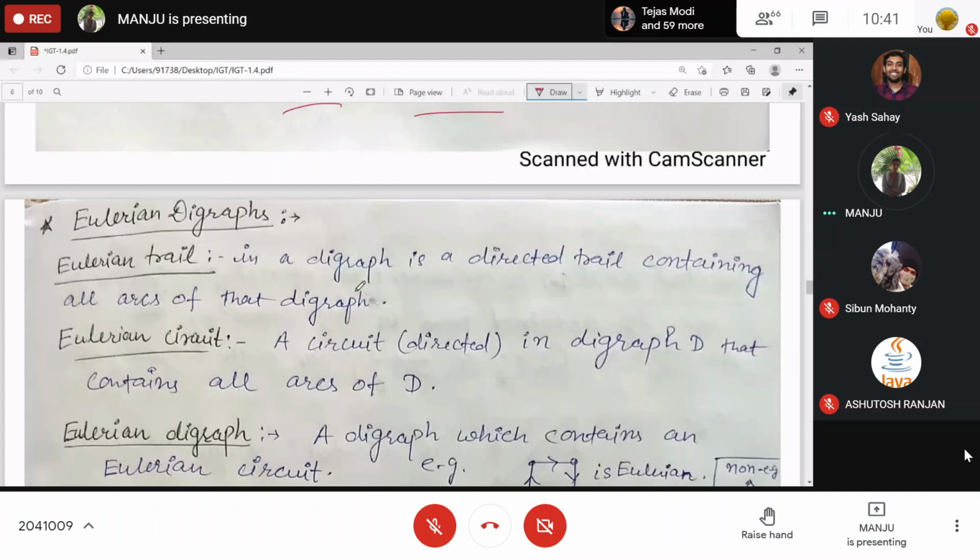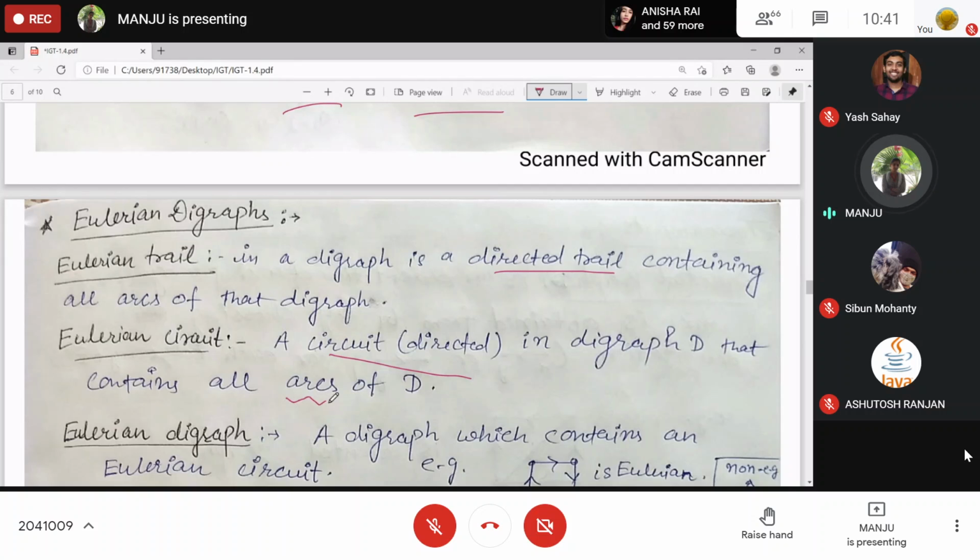Here we want directed trail, directed circuit, right? There should be direction given, either in forward direction or in reverse. So in the digraph, Eulerian trail is a directed trail containing all the arcs of the digraph, and Eulerian circuit will be a directed circuit in the digraph D that contains all the arcs.